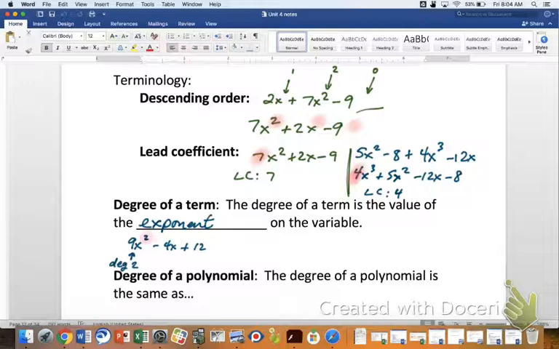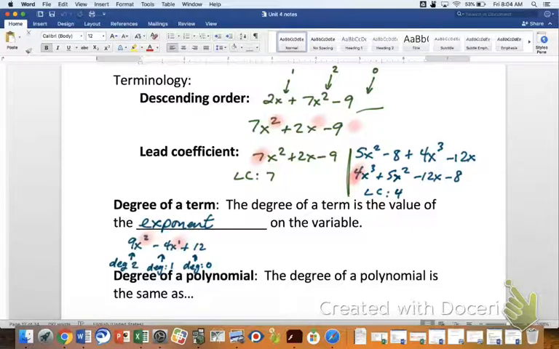So I'm looking at the exponent to get this. Here, I'm going to say that the degree is 1. Again, I'm looking at the exponent on the variable. We understand that to be a 1. And then lastly, for a constant like this, the degree is going to be 0. And again, we'll get into a little more detail about why that is as we move forward.